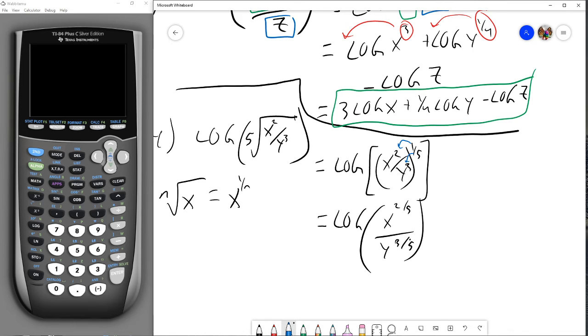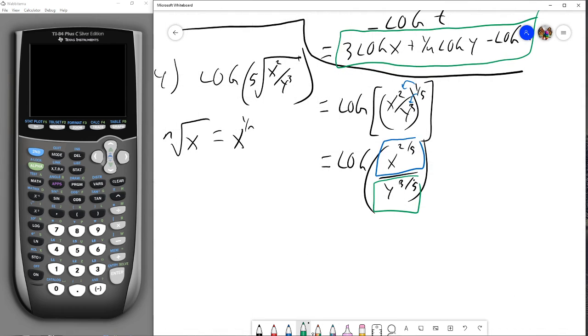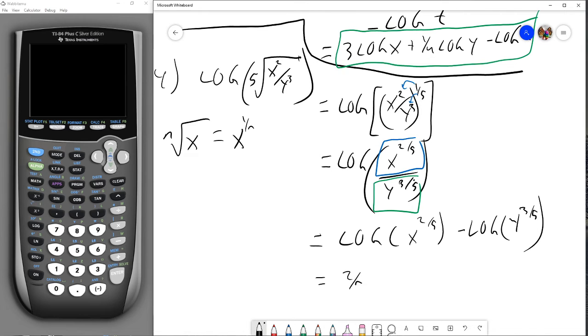Now we can recognize that we have a quantity divided by a quantity, and so we can use our division rule. So we have log of x to the 2/5 minus log of y to the 3/5. And now we need to use our exponent rule: 2/5 log x minus 3/5 log y.